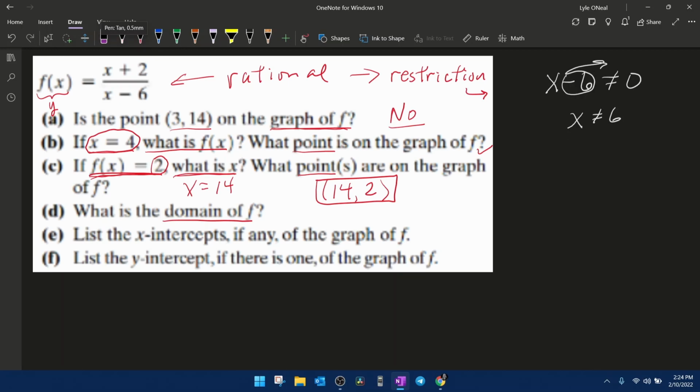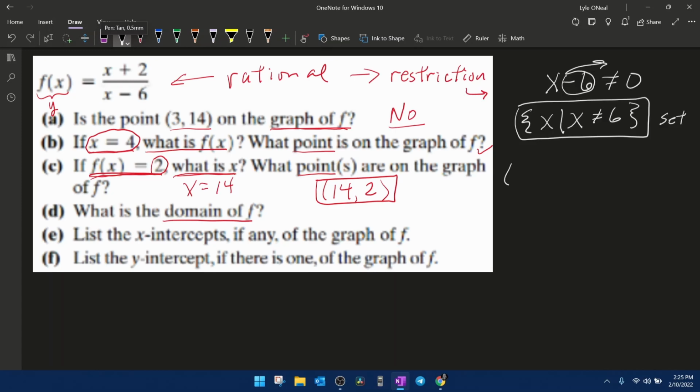To make it the domain, using set notation, we would say the set of all x such that x cannot be 6, and this would be your domain in set notation. Now there is also interval notation. Remember that this set notation basically says x can be anything as long as it's not 6.